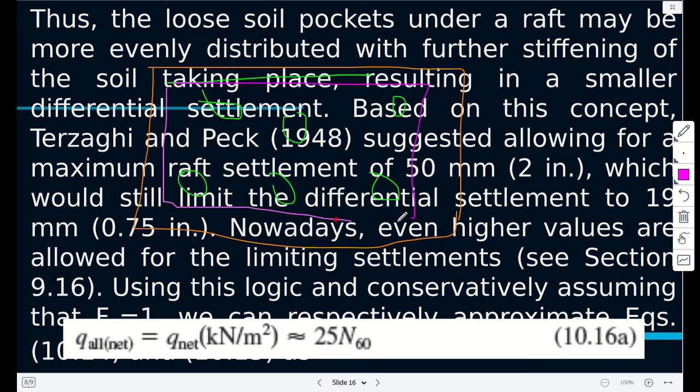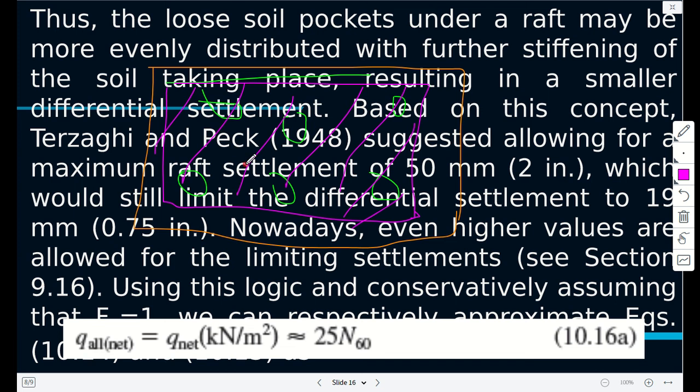If it is stiff enough, then this pocket will not carry a lot of stress. It will transfer the stress to this area, and this pocket probably transfers here and here.